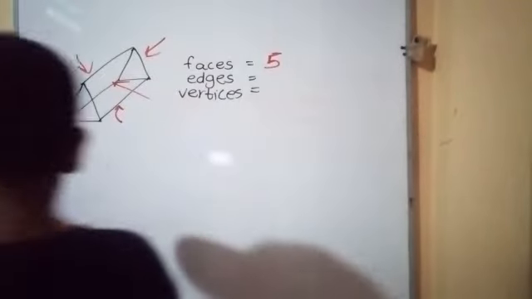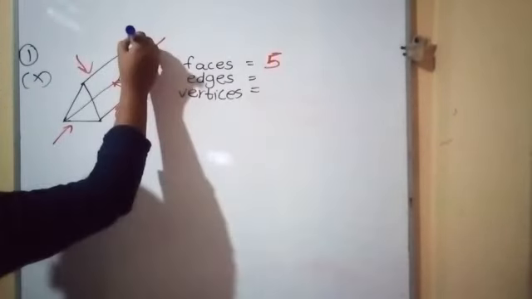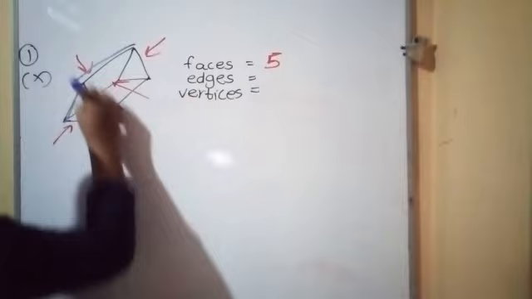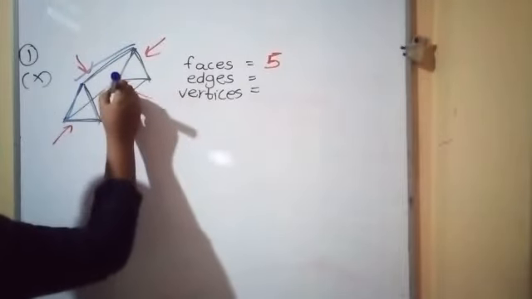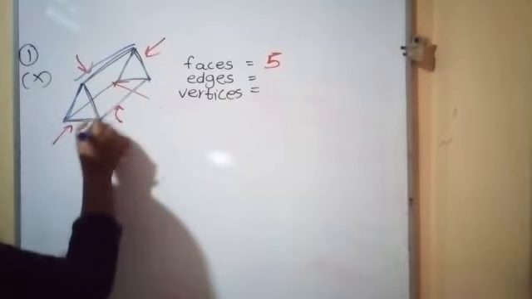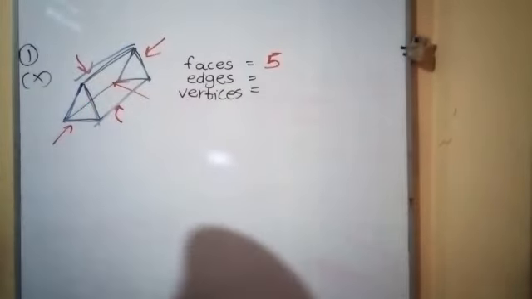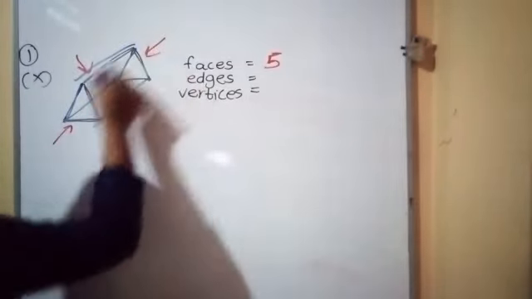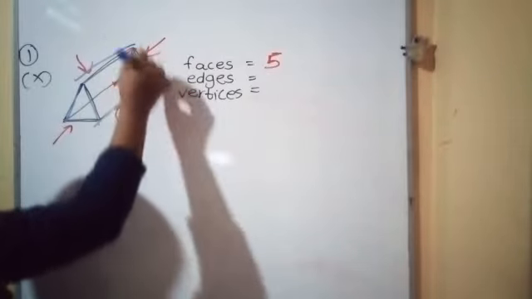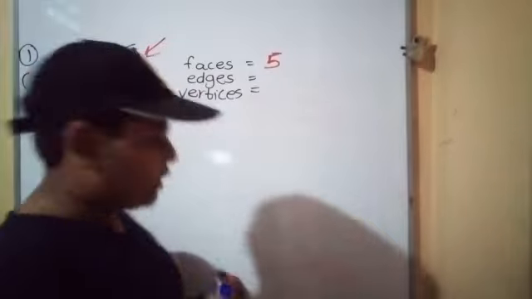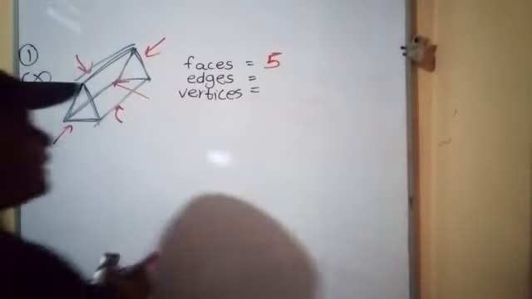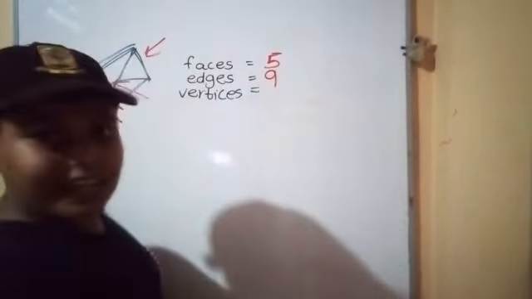Now how many edges do they have? Now this one 1, 2, 3, 4, 5, 6, 7, 8. No, sorry, 9. So 1, 2, 3, 4, 5, 6, 7, 8. This one 9. Edges, 9 they have. 9 edges there.